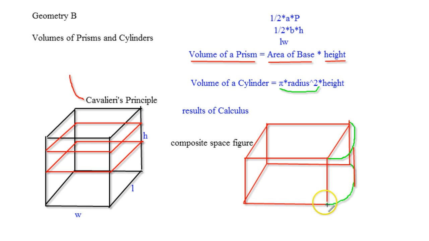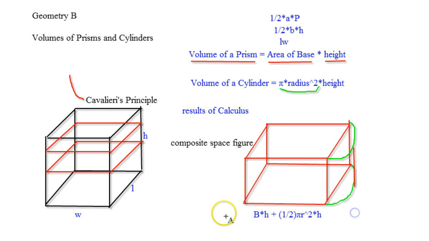When I draw out the figure, it's going to be a lot easier because you're going to be dealing with a rectangular prism, so the volume of this is going to be the area of the base times the height. Then I'm going to add that with this other part. Let's just say for argument's sake that this is half of a cylinder. So you'd be doing half of pi radius squared times height.